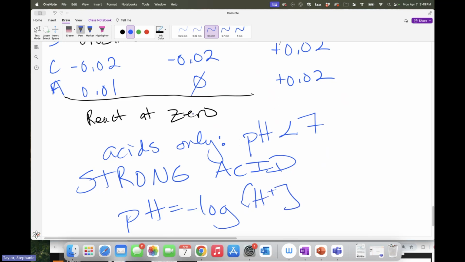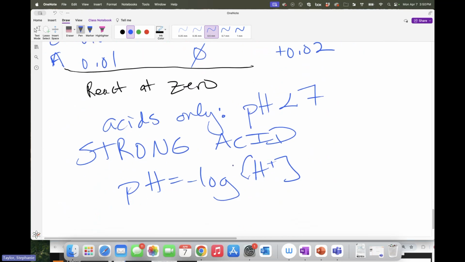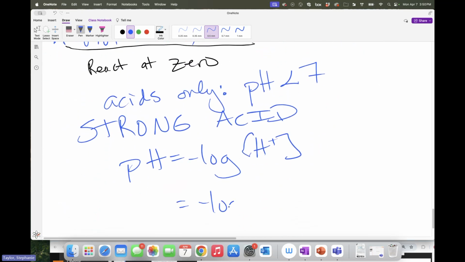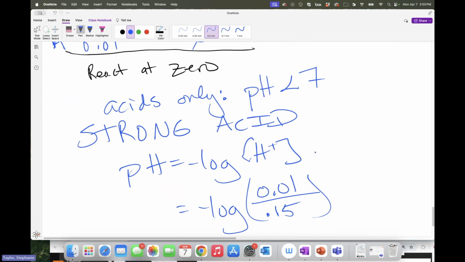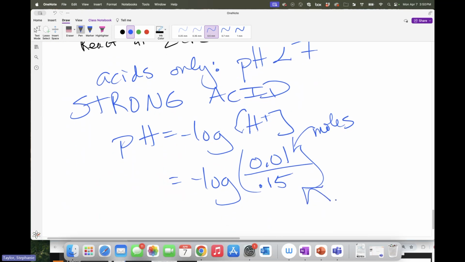I do need molarity, however. So I need to scroll back up here. I've got 100 milliliters plus 50 milliliters, and that 0.01. So that's going to be negative log of my 0.01 divided by 0.15. So that's taking my moles, and that's taking my new volume, because I do have to have molarity.